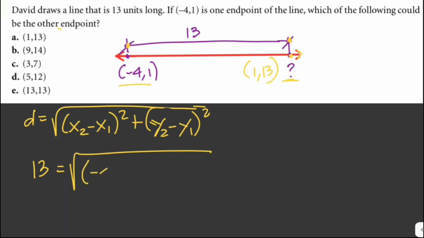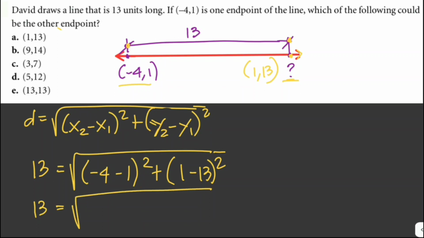X sub 2, negative 4 minus 1 squared plus 1 minus 13 squared. So 13 equals, if the result of the expression on the right is equal to 13, and that means the answer is correct.